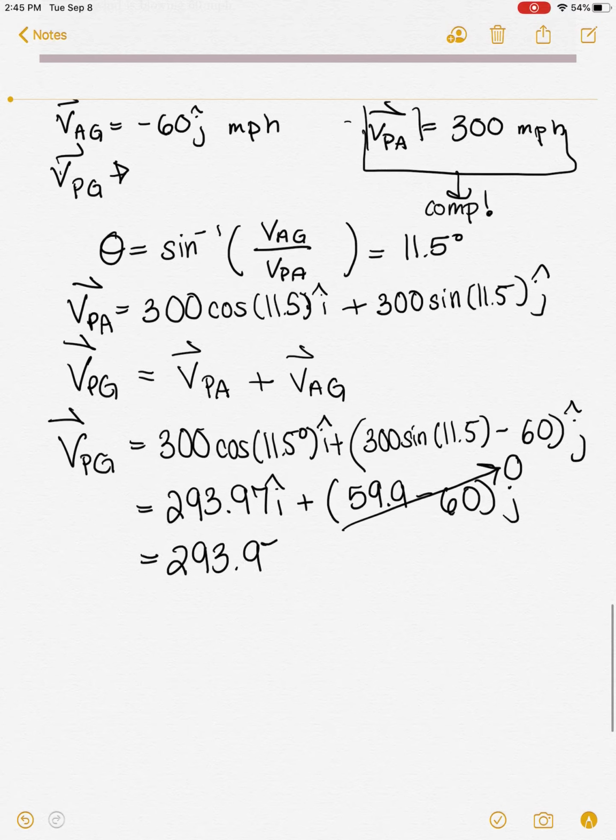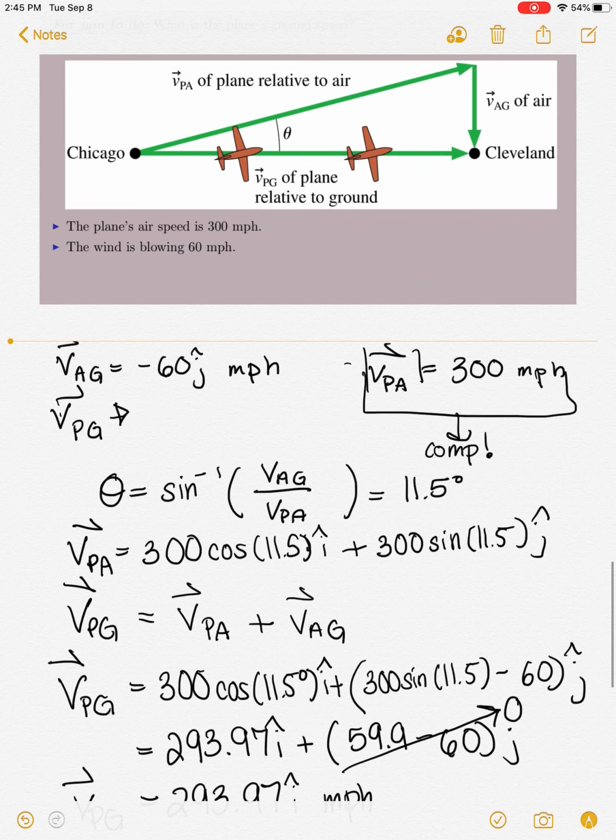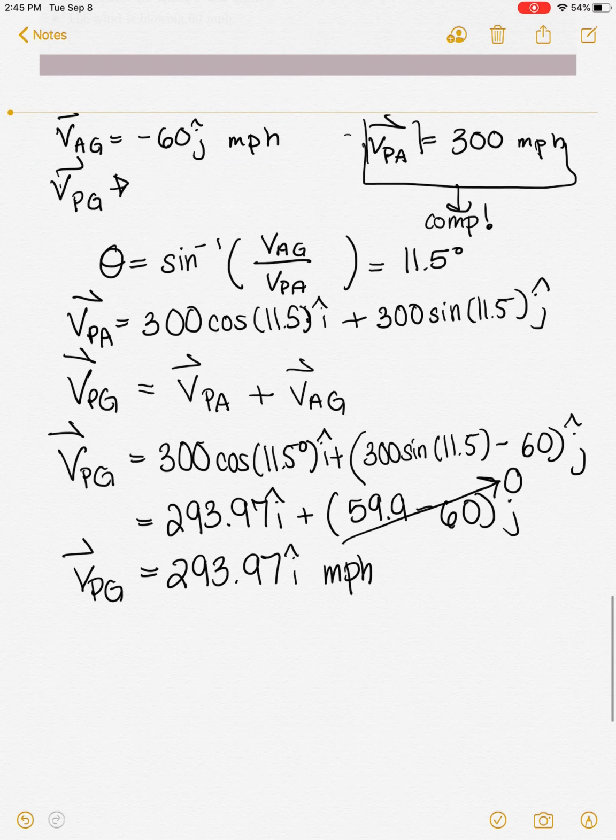So I'm only left with an I hat component for the velocity of the plane with respect to ground.